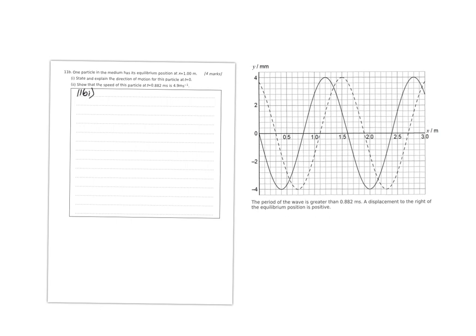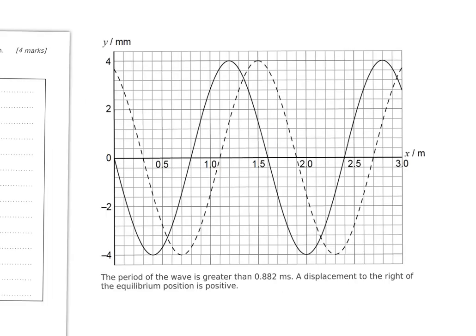It says 11bi, state and explain the direction of motion for the particle at t equals 0. So we can see that for the t equals 0 curve, let's see if my highlighter works. I don't know that it was working before. There's the time 0 curve right there.